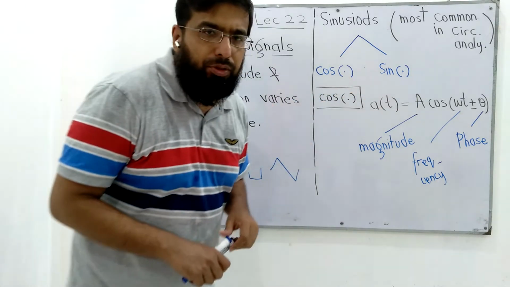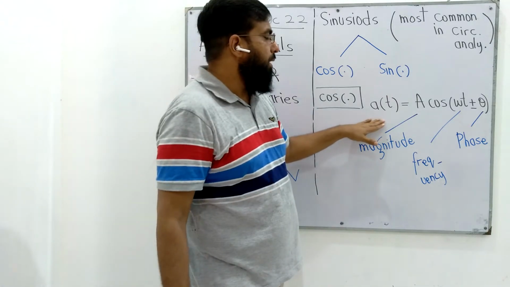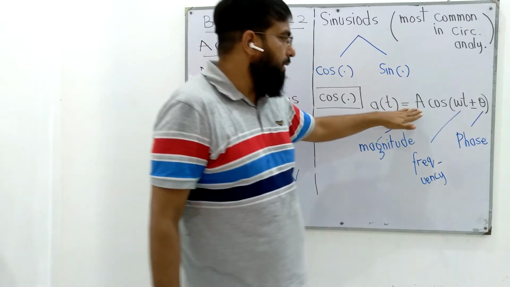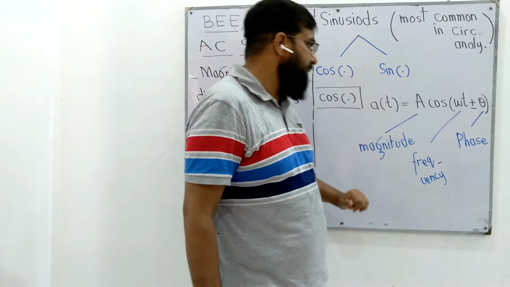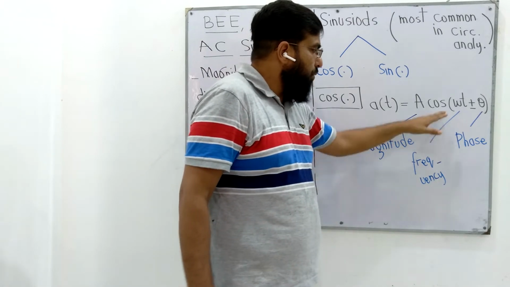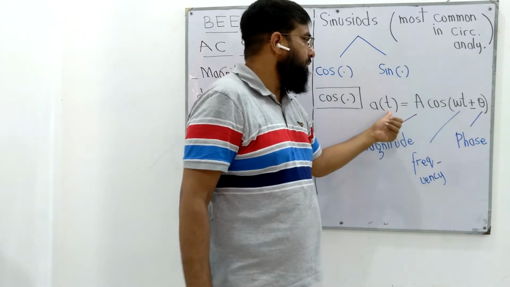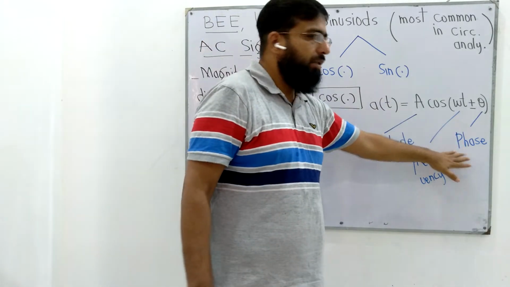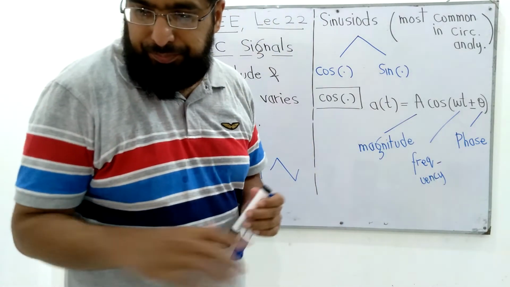First, we'll talk about the cos function. A cos function can be written as a function A of t is A cos omega t plus or minus theta, where A is the magnitude, omega is the frequency, t is the time for which A of t is the function, and theta is the phase.